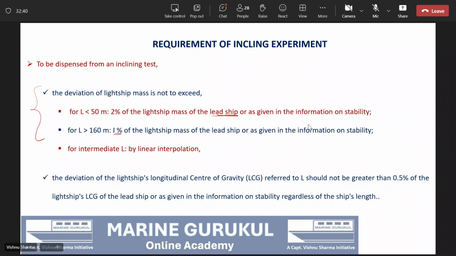So only when these two conditions are within the tolerance levels, then the administration may exempt a ship from inclining and may use the result of its lead ship to evaluate the stability of the new ship. Is that clear, beta? Am I clear? Yes, sir.